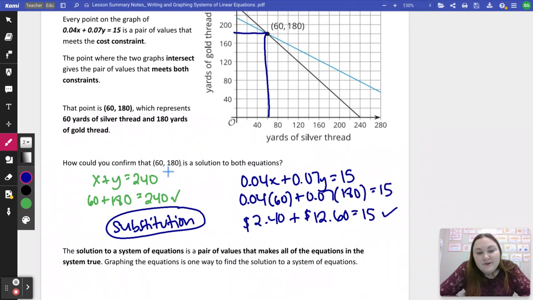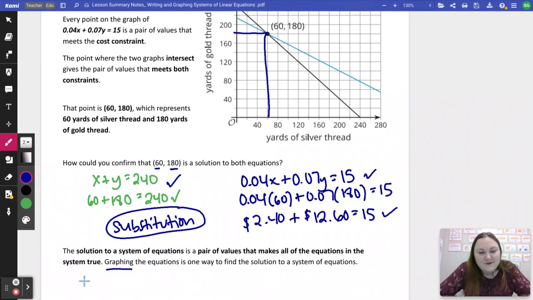The solution point for a system of equations is going to be a pair of values, so there's two numbers there, that make all of the equations from that system true. I'm seeing it makes this equation true because 60 plus 180 does equal 240, and it's also making this other equation here true, which represents that cost. It does add up to be $15.